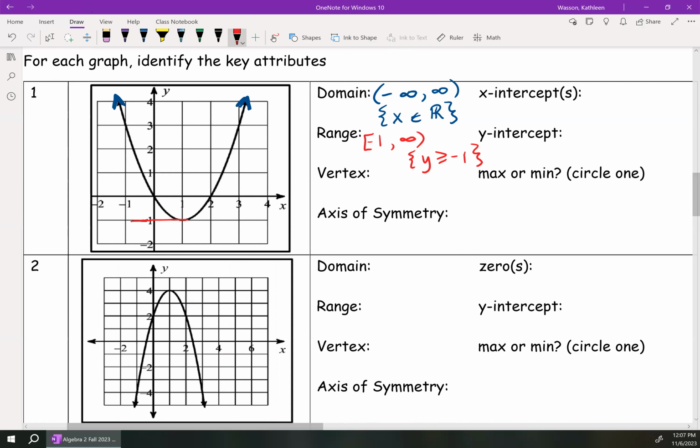The vertex is here. That's where your graph changes direction. So it's decreasing, it gets all the way down to the lowest place where y is -1, and then it goes right back up. My vertex for this graph is at 1, -1.